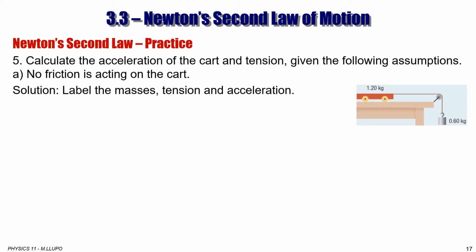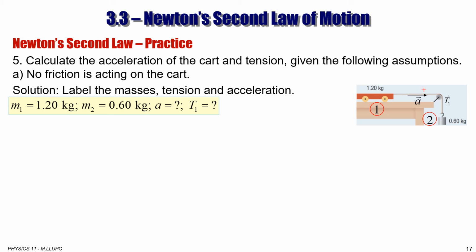The first thing you can do is label the masses, tension, and acceleration. Next, write what is given and what is required. Mass 1 is 1.2 kilograms, mass 2 is 0.6 kilograms, and acceleration and tension are required.